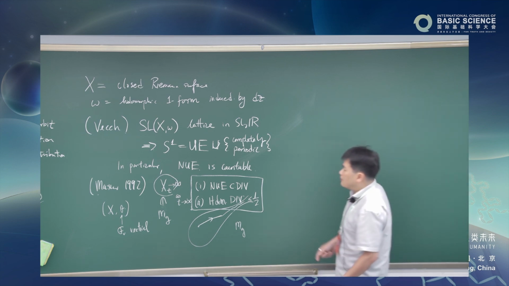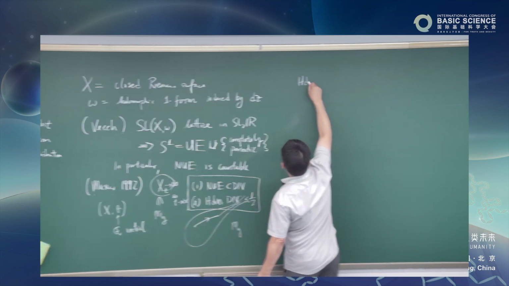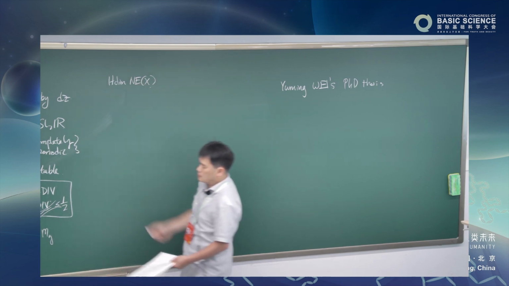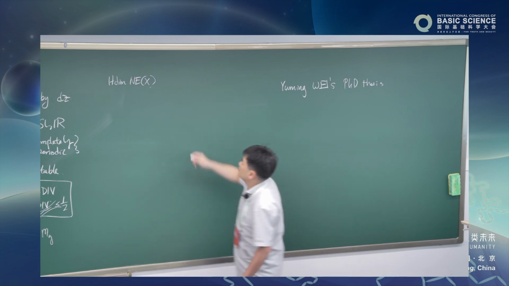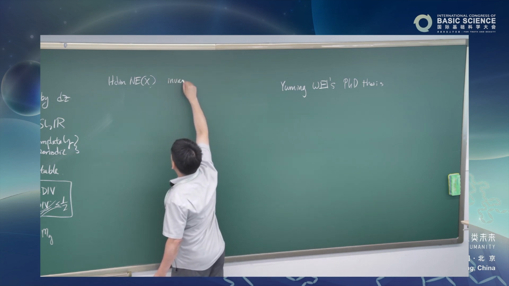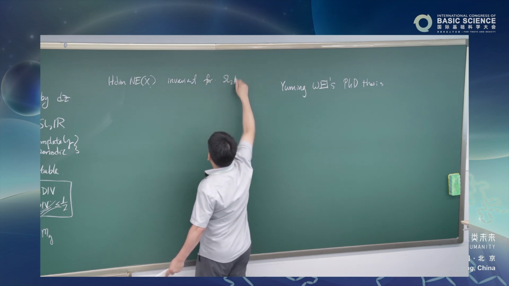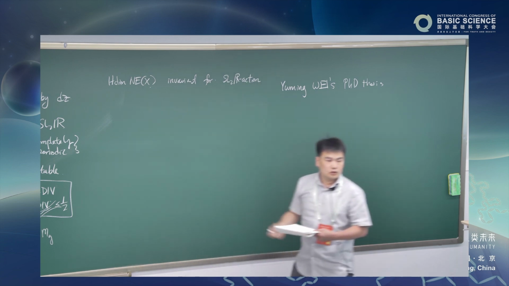So maybe I should say that this function, the Hausdorff dimension of the set of non-uniquely ergodic directions, is an invariant for some SL2R action on some moduli space.